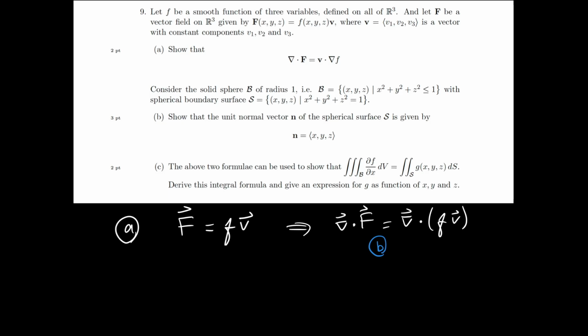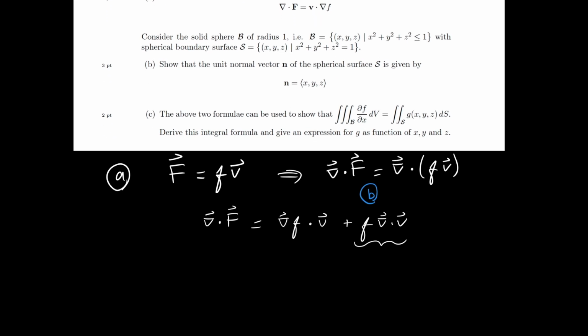But let's apply that rule so that we find that nabla dot f v eventually is equal to the gradient of f dot v plus f, the divergence of v. But then, you know, we're taking here a derivative. The divergence of v is a derivative of v, and it is already given that v is a constant. So this is equal to 0. And then this is actually already our correct answer, but we can, of course, shuffle the two vectors to see that this is equal to v dot the gradient of f.